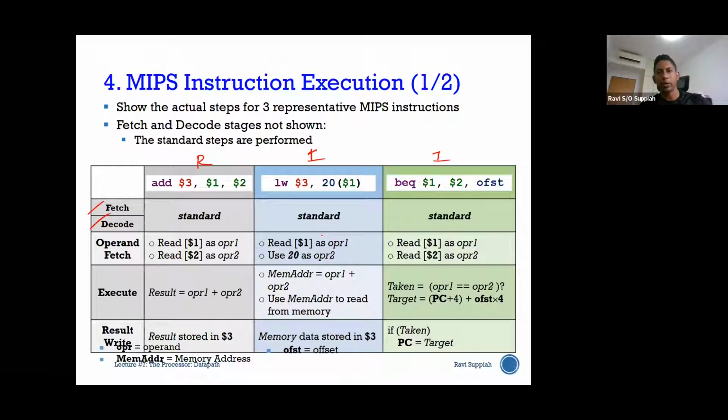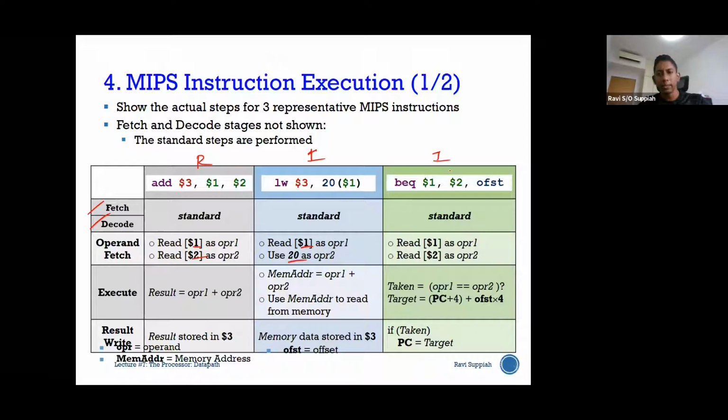That is a standard operation every instruction has to go through. Then for the R type, you can see that I'm fetching from registers, whereas here I take from one register and I take the immediate.